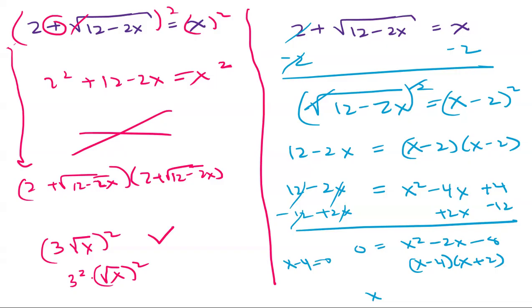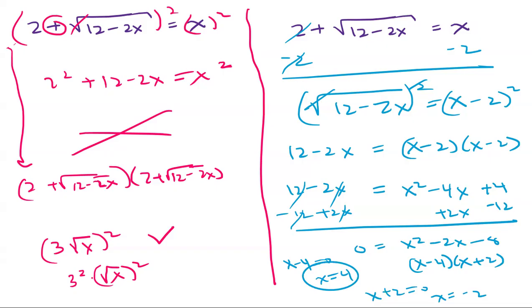So that's x minus 4 equals 0, and then x plus 2 equals 0. So that'd be x equals 4 and x equals -2.